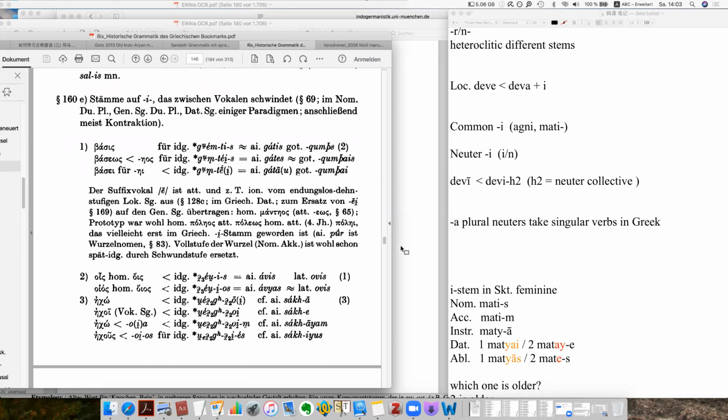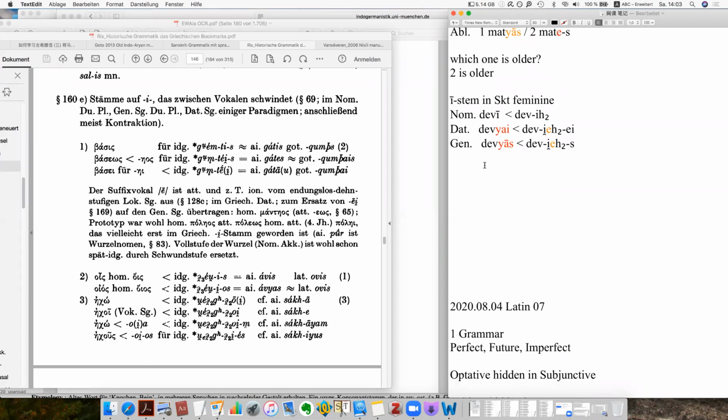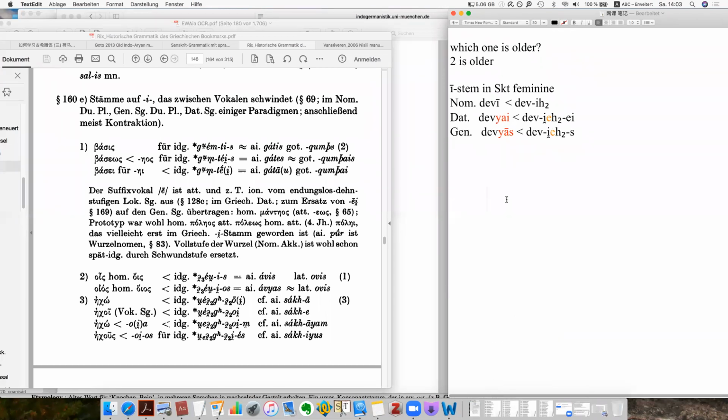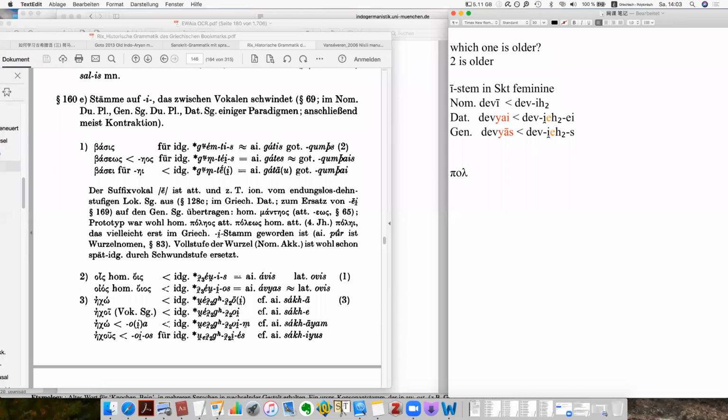For someone who learned Greek, there are several annoying, a little bit complicated words. The first is polis, which I put here. This one is a little bit problematic.